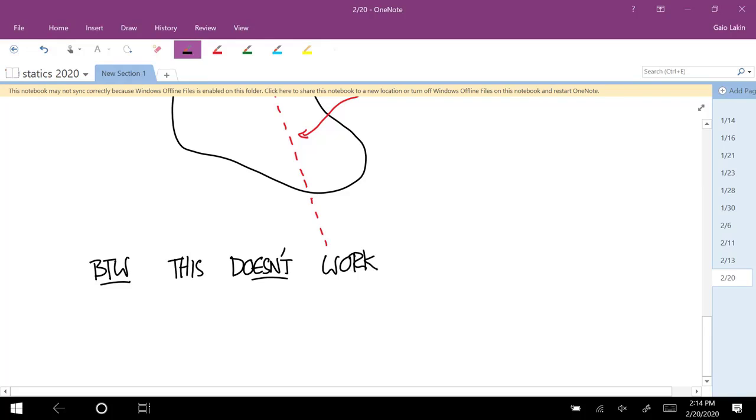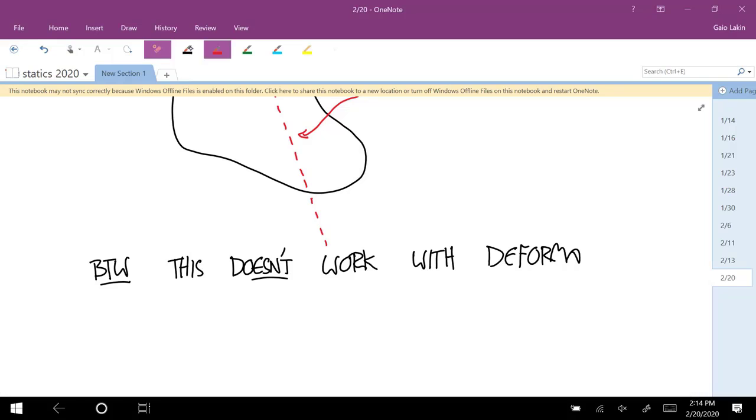So if you're not considering an object as rigid, then you can't make this substitution. Let me give you sort of an idea of why that is.